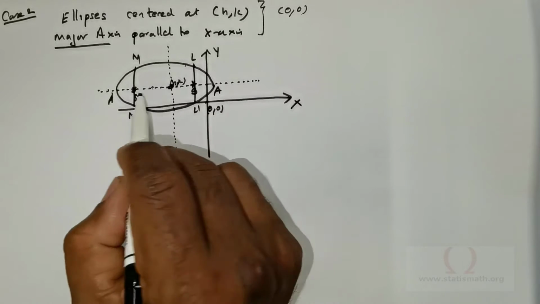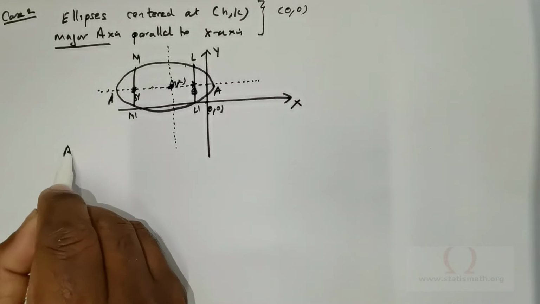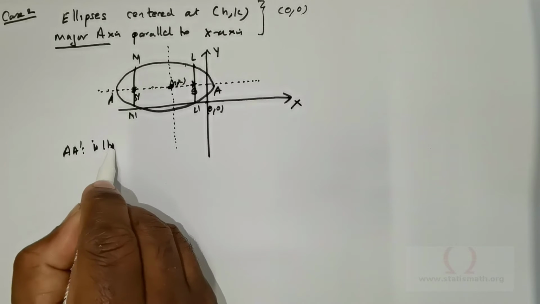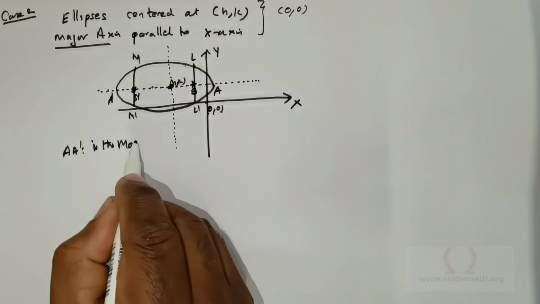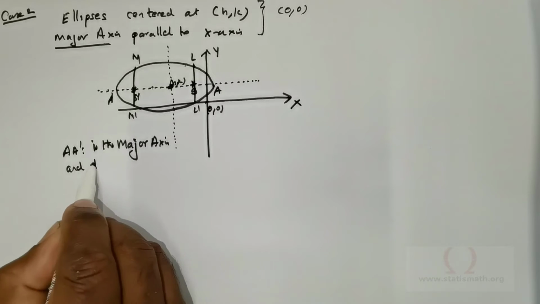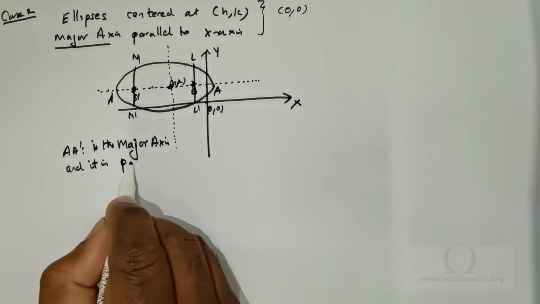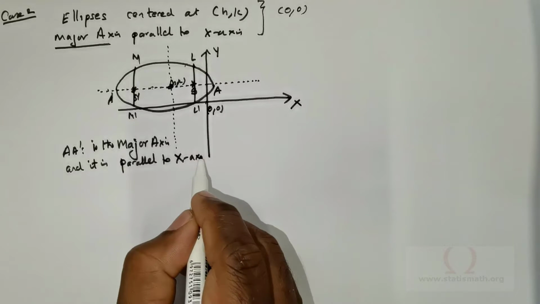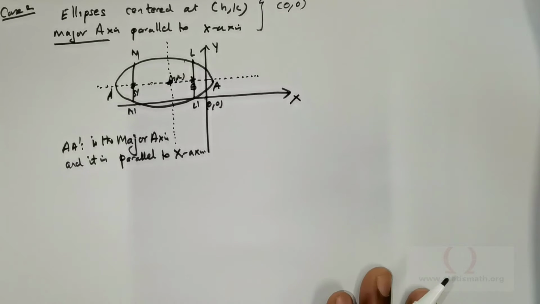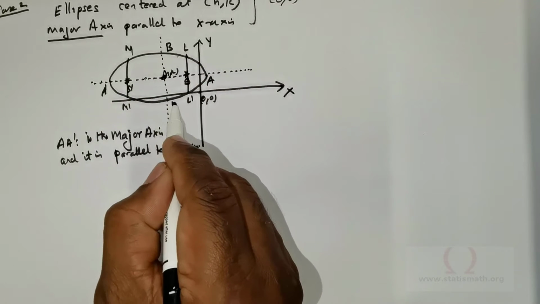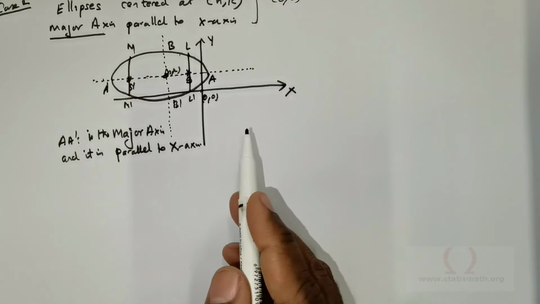Now AA dash is the major axis, and it is parallel to the x-axis. That is an important observation. Of course, this is the minor axis BB dash. So this will be the form of the ellipse.